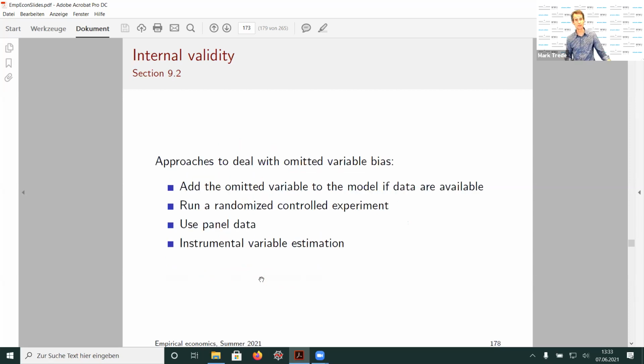All right, once you realize that there might be important variables which are omitted from your regression estimation, the obvious approach is to look whether you can find data about that variable. And if so, then you just add the omitted variable to the model. But very often it's really hard to find such data.